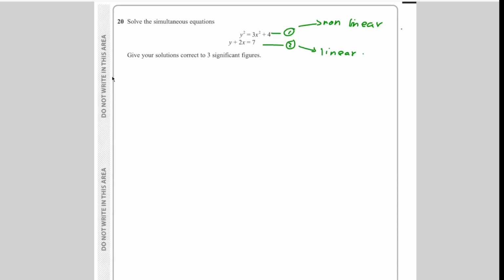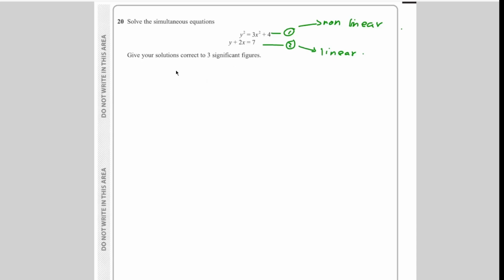When subjecting a letter, you have to decide which letter to subject. Deciding that is also a little bit important, because if you try to subject a letter which is connected with numbers, it is a little bit tricky. If you try to subject x in this case, can you see x is connected with 2 as well? Then you have to deal with fractions. Therefore, it is better to subject y.